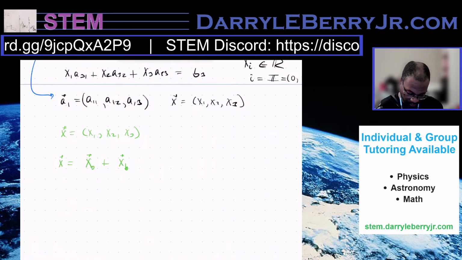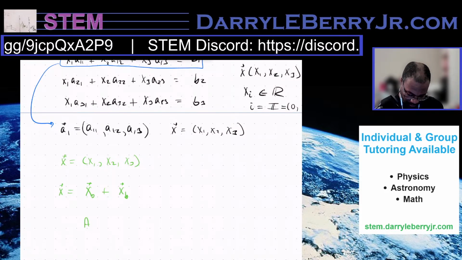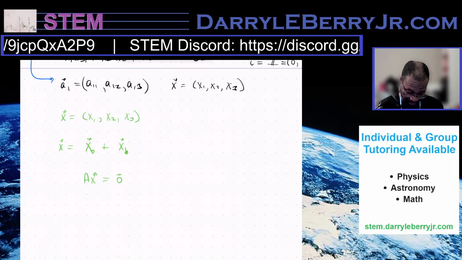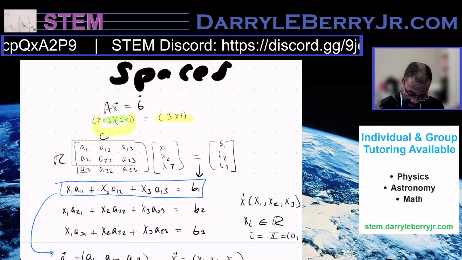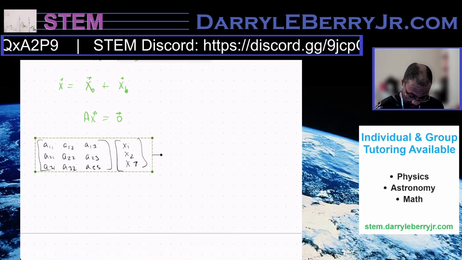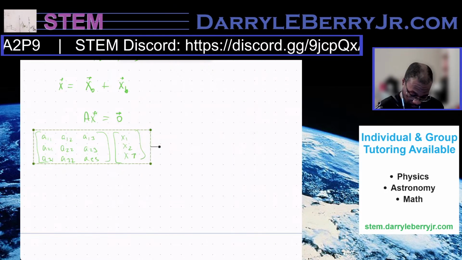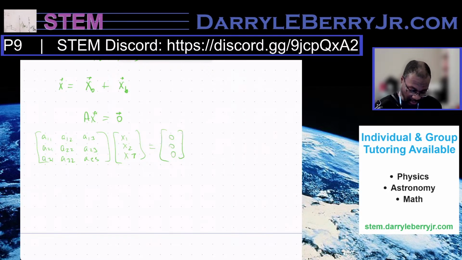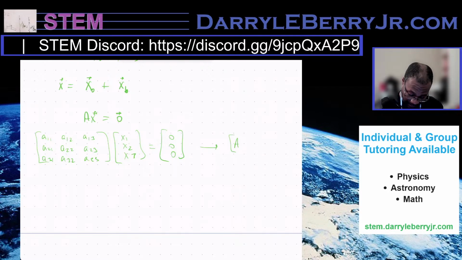So we'll take this whole thing again, and we'll just say instead that it equals 0. So if I were to copy this whole thing down, except there will be zeros at the end, I'll end up with an augmented matrix. If I was to solve this, that would look like this.